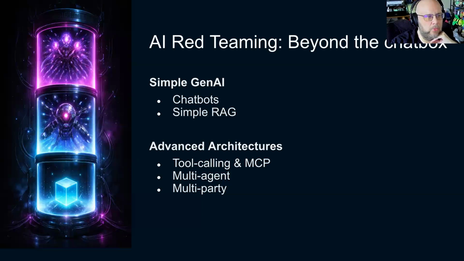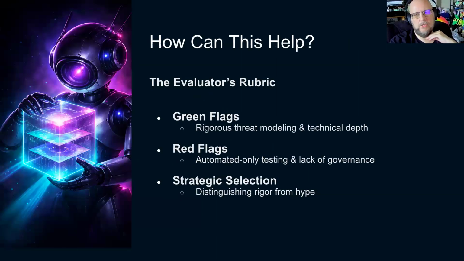And what we did is for each of those use cases, we provided a really simple evaluating rubric. Our intent here was for this to be given to executives and management making strategic decisions for like what should we buy. So we've got a really high level executive green flag, red flag checklist.